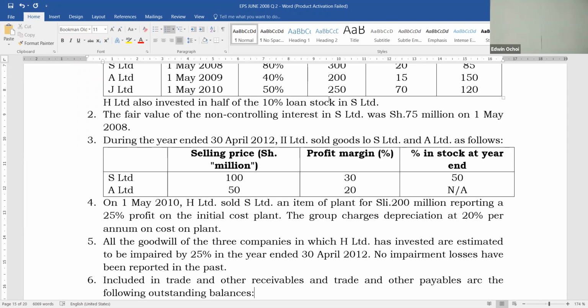In the case of the partial method, NCI will not be measured at its fair value, which means that you will never have a statement of this kind. The statement under additional information number 2 will never be present. So when this statement is present, it implies that we are supposed to use the full method in order to compute our goodwill, whereby you get the goodwill attributable to the parent and to the non-controlling interest.